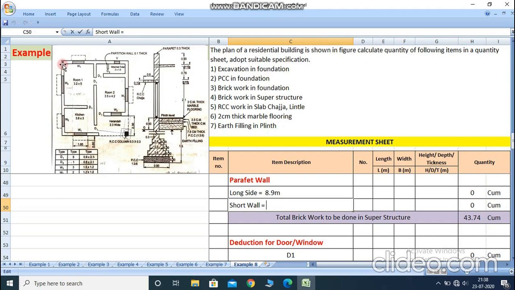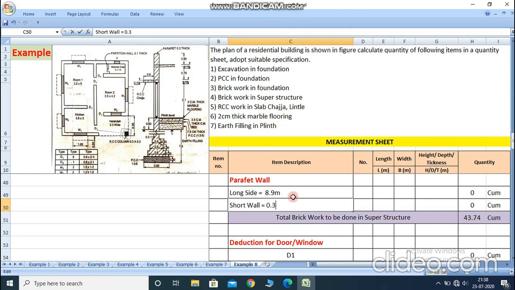So the summation is 0.3 plus 3.2. So the room size is 3.2. So right here 3.2, then 0.3 wall thickness. Then 3.5, which we got from the room size, and the wall thickness is 0.3.